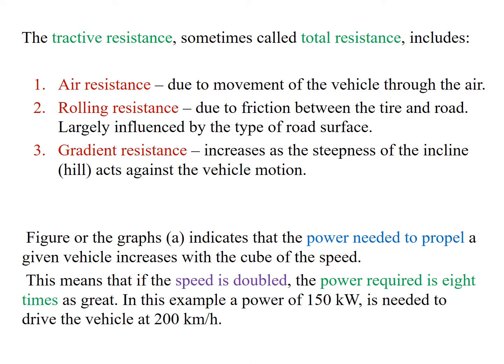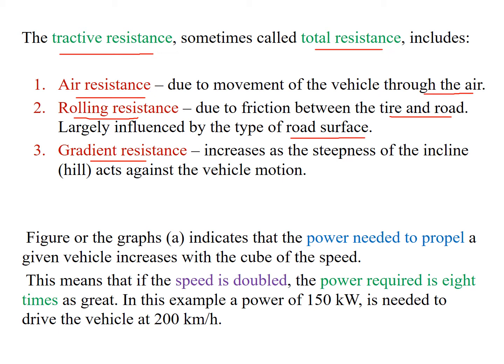But first of all, for you to move, the power has to be more than the tractive resistance, and sometimes we call it total resistance. This resistance includes air resistance, rolling resistance, and gradient resistance. Air resistance is due to the movement of the vehicle through the air, and rolling resistance is due to friction between the tire and the road, largely influenced by the type of road surface and type of tire tread that you use.